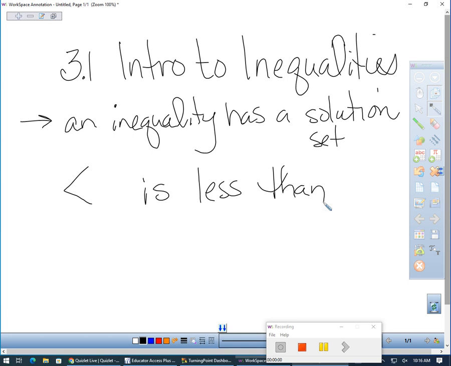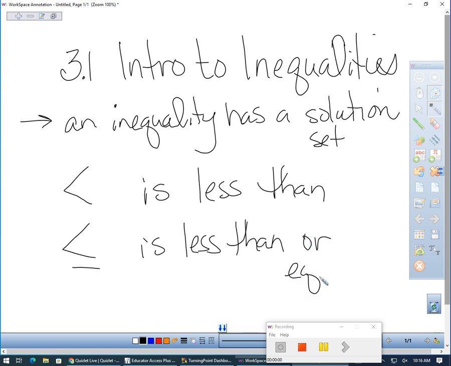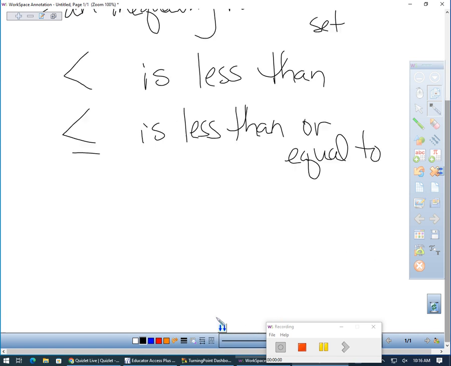That means the solution set is any number smaller than that. If we have this inequality sign, this is less than or equal to. So it's anything smaller, but it can also be that number you're at.